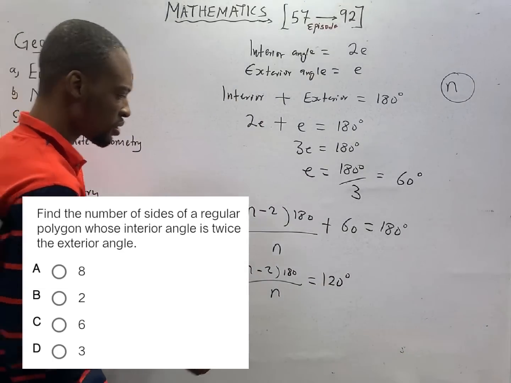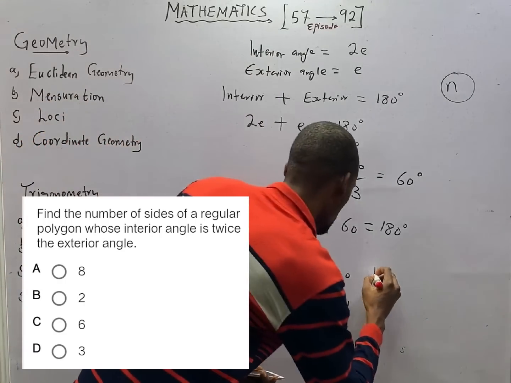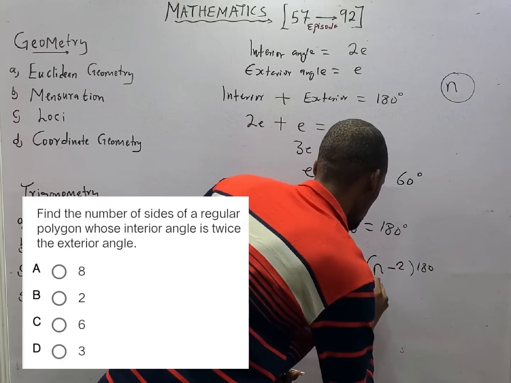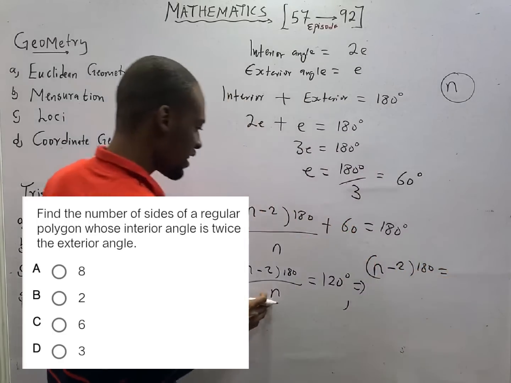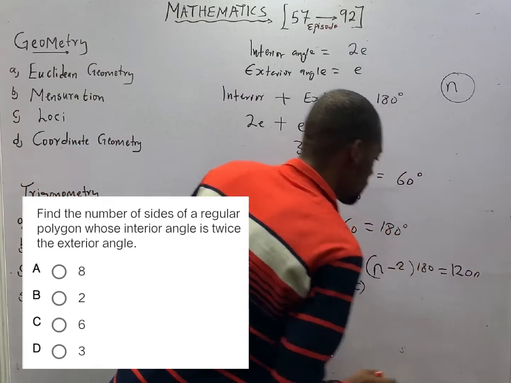The next operation is cross multiplication. n minus 2 times 180 should be equal to n times 120, that is 120n.